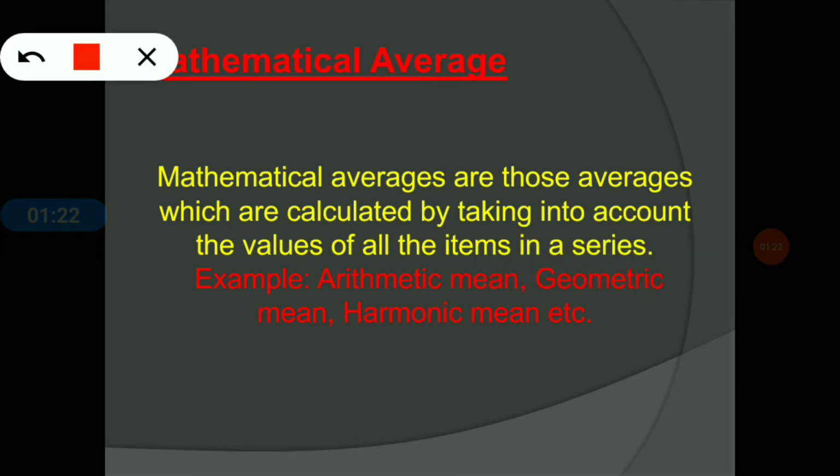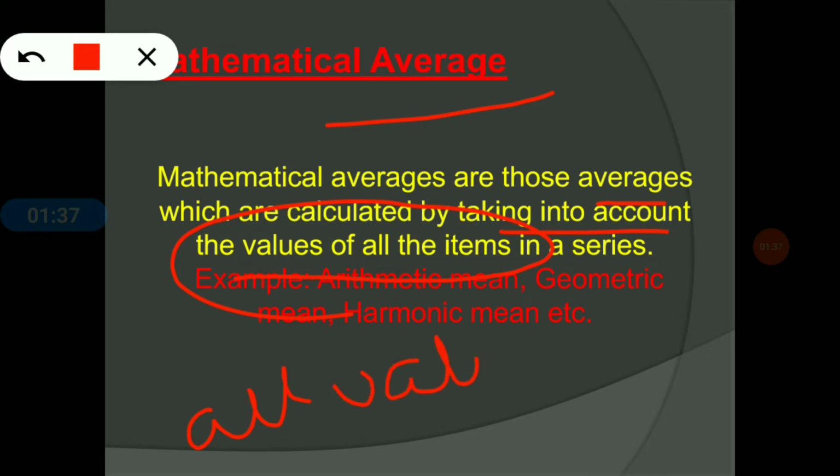So learner, what do you mean by a mathematical average? Mathematical averages are those averages which are calculated by taking into account all values of the items. So a mathematical average includes all values of items. Clear?